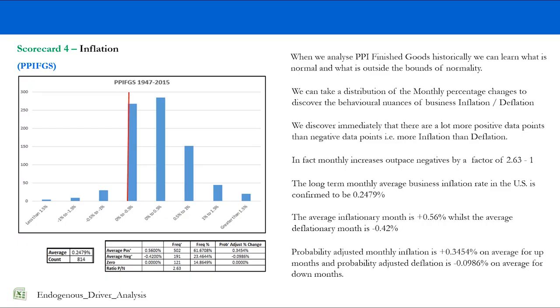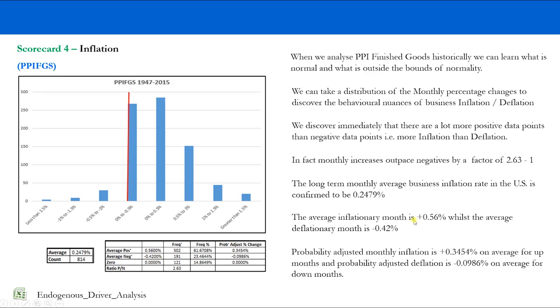The long-term monthly average business inflation rate in the US is confirmed to be about 0.25%, which is what we saw earlier when we looked at the spreadsheet.